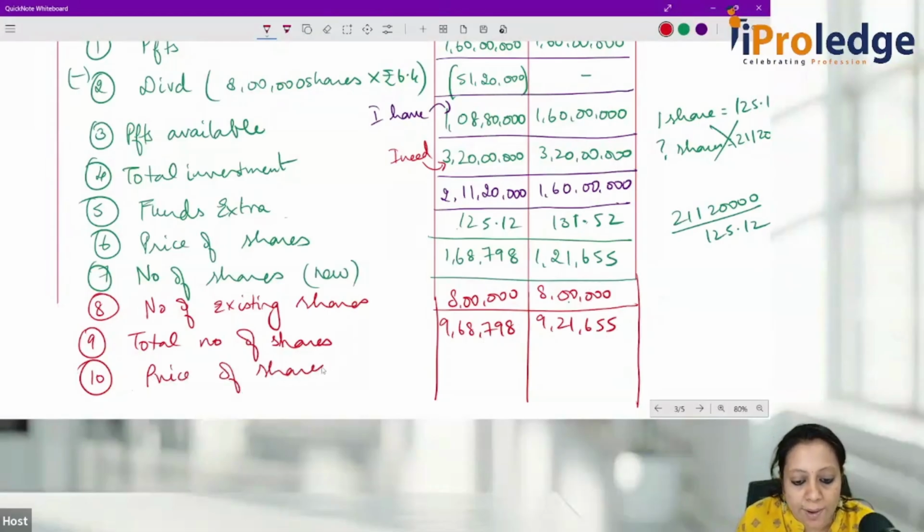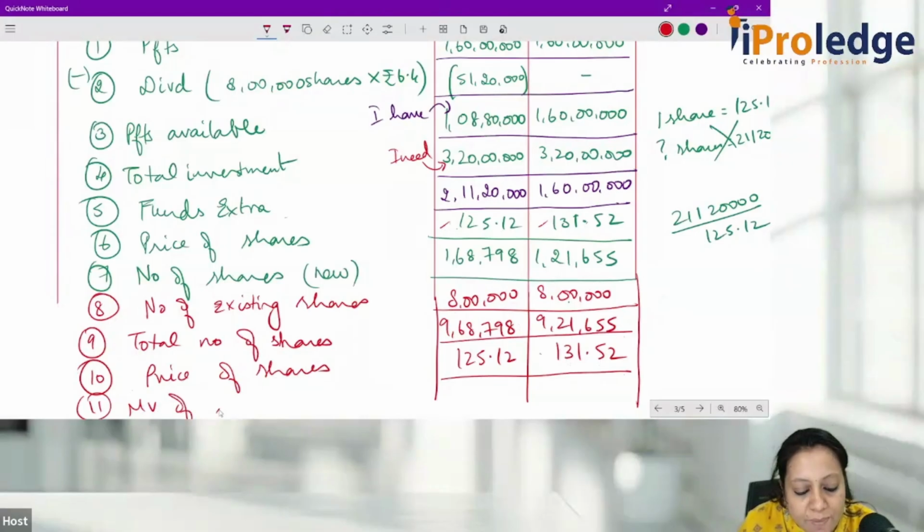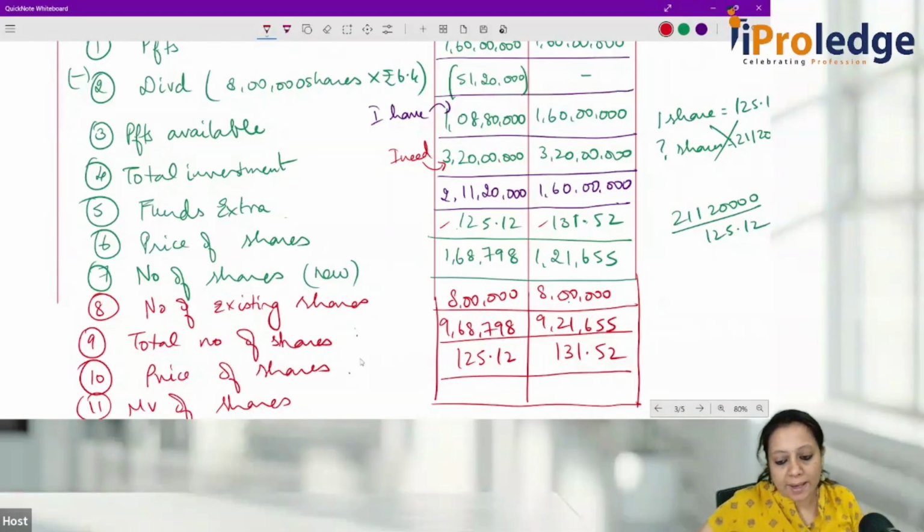Okay. So now the price of the shares. Price of the shares already we calculated 125.12 and 131.52. Now with this, let us find out the market value of shares. So that is going to be number of shares into market price.